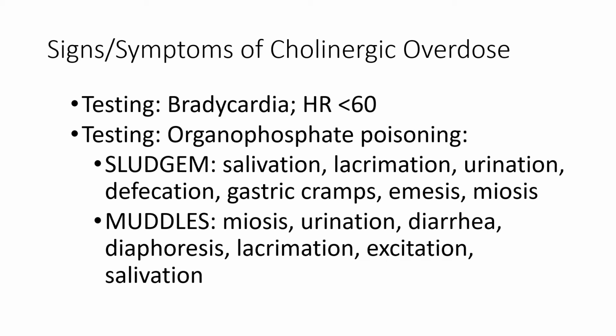And organophosphates bind to acetylcholinesterase, and they bind very strongly to them. And so what happens? Well, you get excessive amounts of acetylcholine, not only in the neuromuscular junction, but in your parasympathetic system, which innervates all the different organs that we've gone over quite a few times.